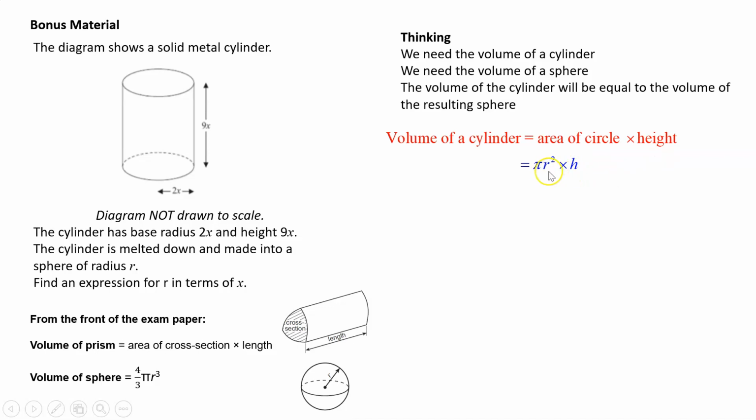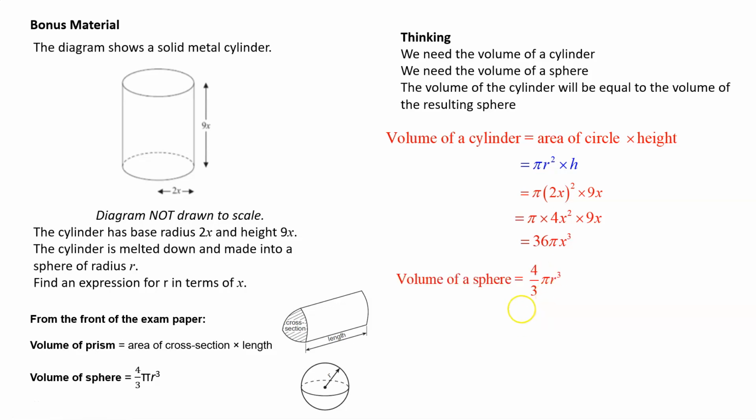I put that r in blue because it's not the same r as the radius later on. So our radius for the circle is 2x, so pi times 2x all squared times 9x for the height, giving us, bracket squared gives us 4x squared, so 36 pi x cubed for the volume of the cylinder.